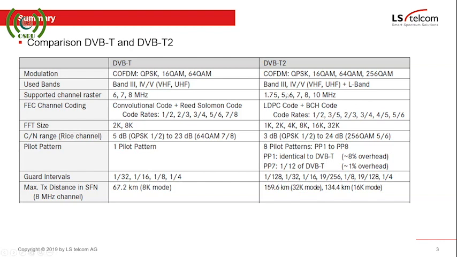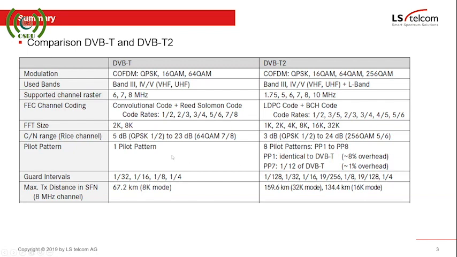You can see there's more options, 5 megahertz and 1.75 for T2. And then obviously the coding for forward error correction is extended and changed in the T2 version with some other combinations. The FFT size, there's more options with T2. The carrier to noise is also different in the two setups.